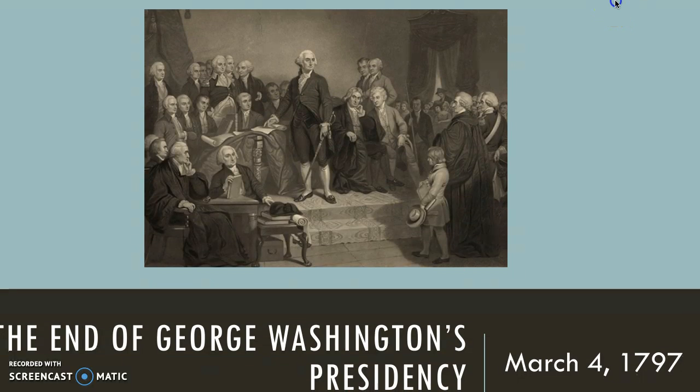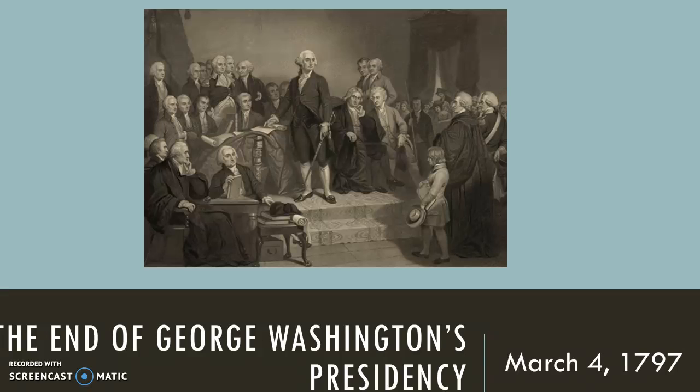So when we talk about political parties, it's important to acknowledge that the concept of a two-party system was by no means popular with all of the framers of the early nation. Probably the most ardent opponent of a two-party system was George Washington.